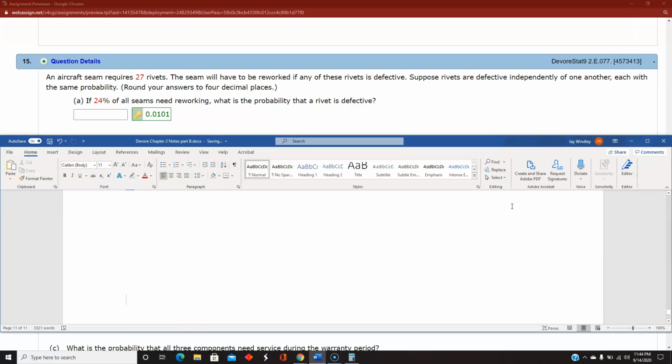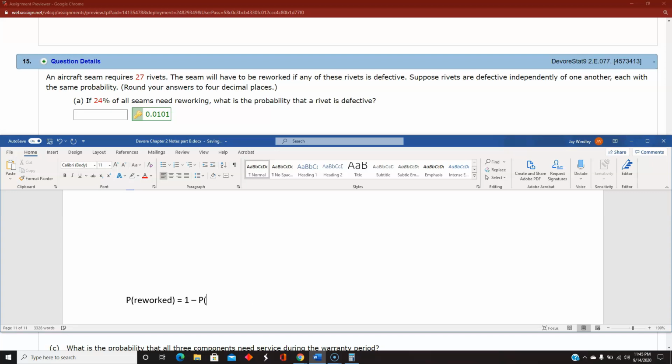So, the probability that the seam will have to be reworked, I'll just write that out, reworked, is 1 minus the probability that it's not reworked.